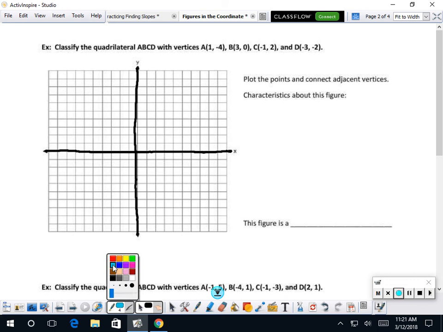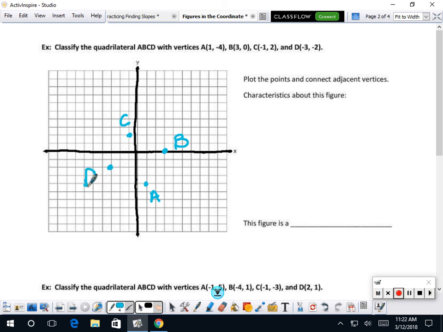I'm going to start with A at 1, negative 4. B is at 3, 0. C is at negative 1, 2. And D is at negative 3, negative 2.